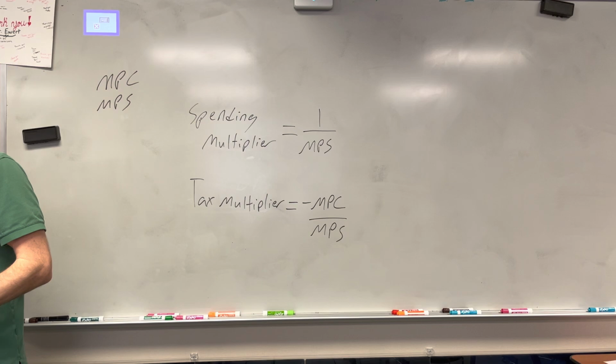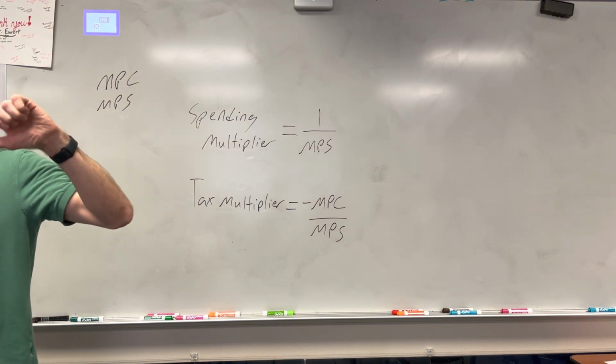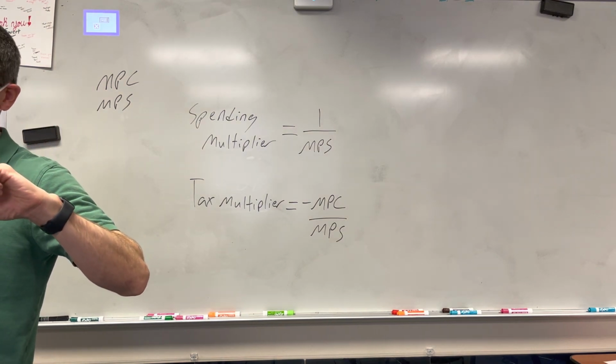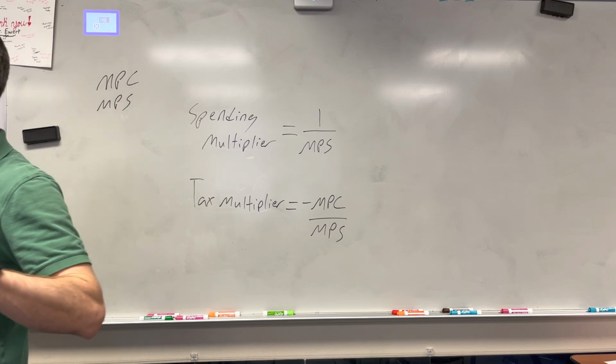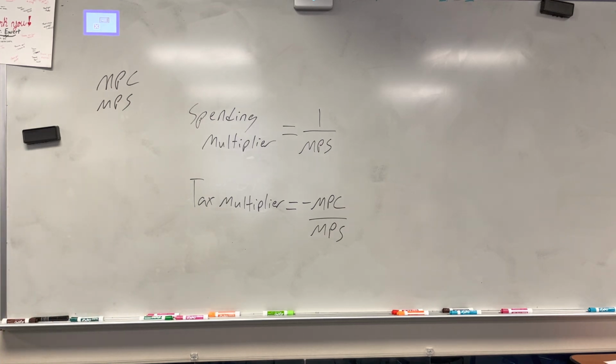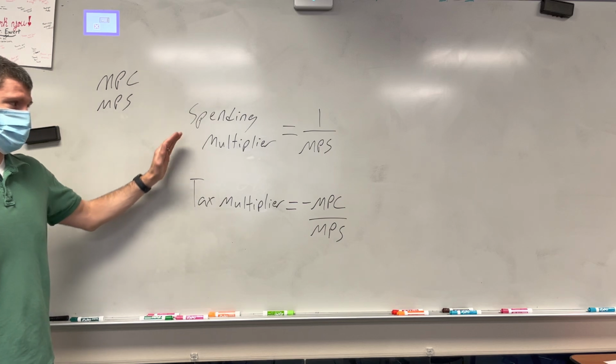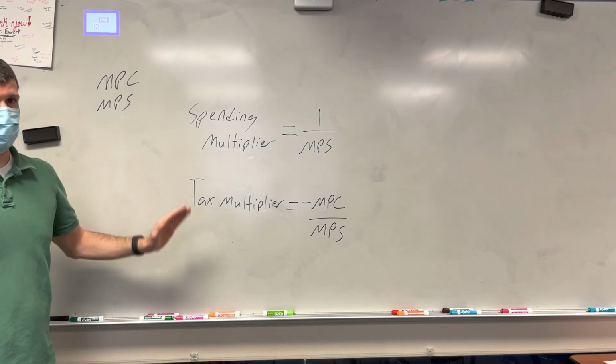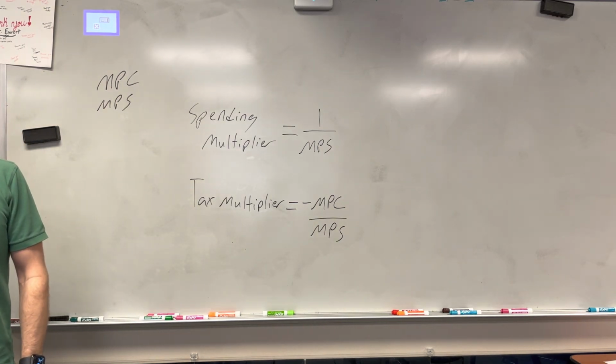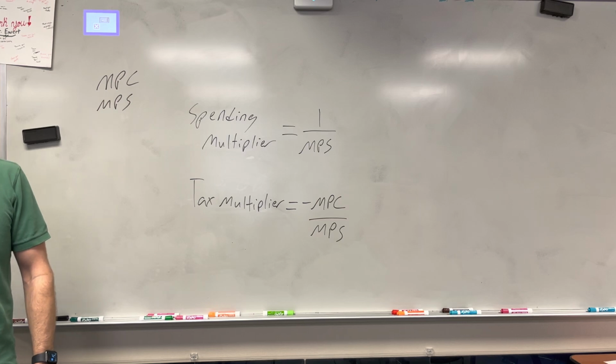But if we lower taxes, the multiplier would be positive, because people have more money to spend. So to decide positive or negative, look at whether we are increasing or decreasing the amount of spending in the economy.